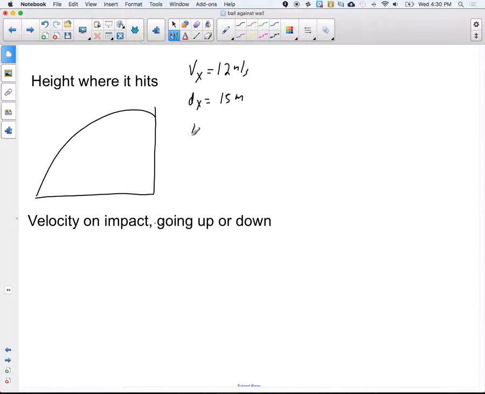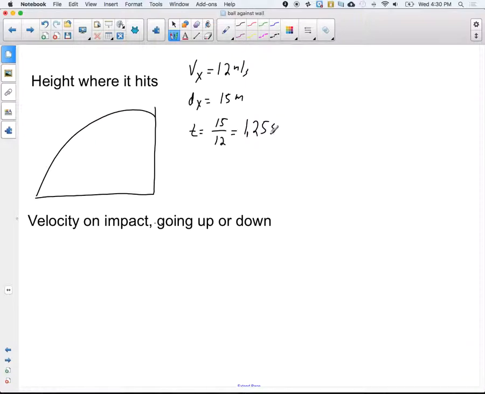So therefore, the time that it's going to take to get there is 15 over 12, which is equal to 1.25 seconds.